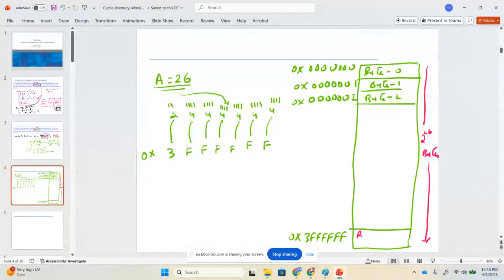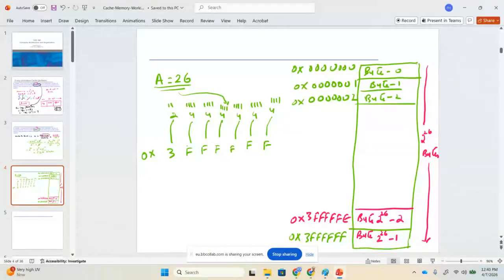The last byte will be byte number 2 to the power 26 minus 1, and the second last byte will be byte number 2 to the power 26 minus 2. And what will be the address of the second last byte? 3FFFFFE.